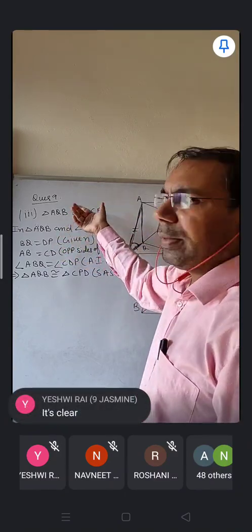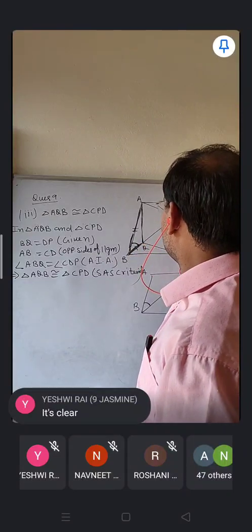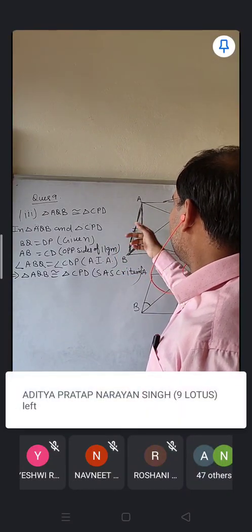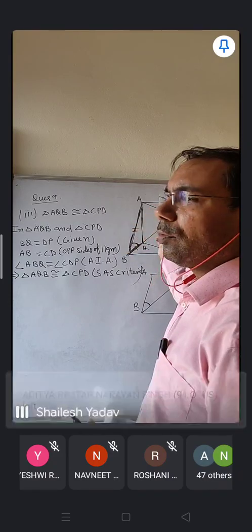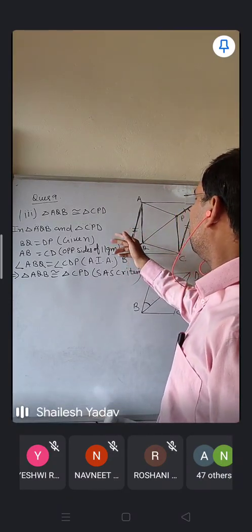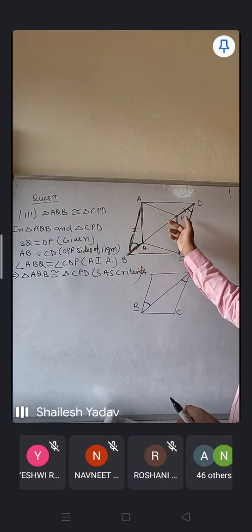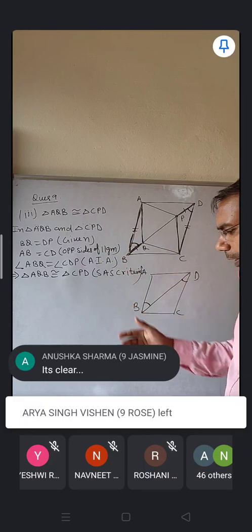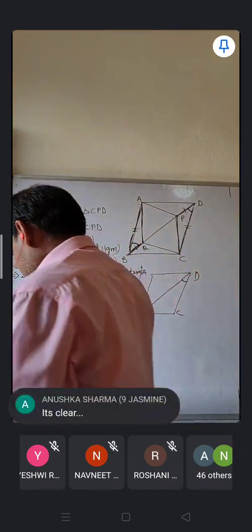Some of the values will be given in the question, like these two are equal. And I applied the property of the parallelogram, so I got that these two sides are equal, opposite sides of the parallelogram, and then for the third I got the alternate interior angle. So in this way I got that they are congruent. So, is it clear?